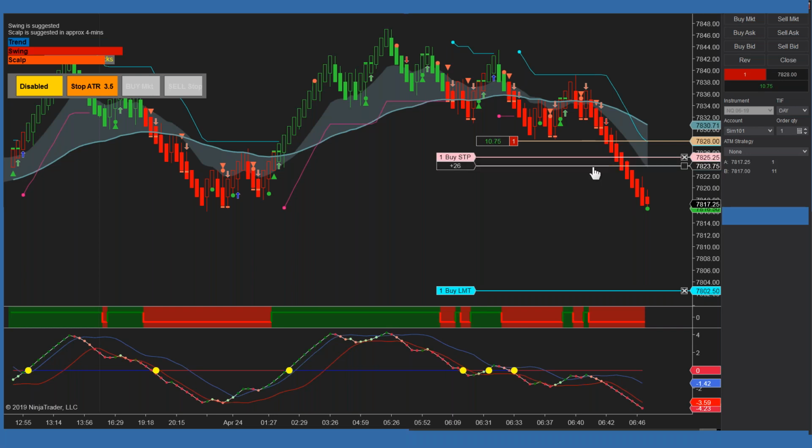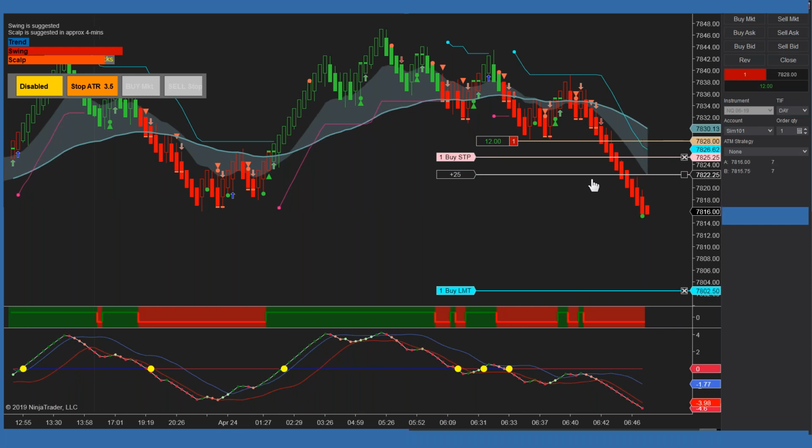And we have hit our high probability trend target now.